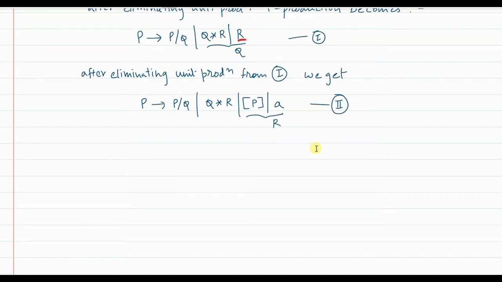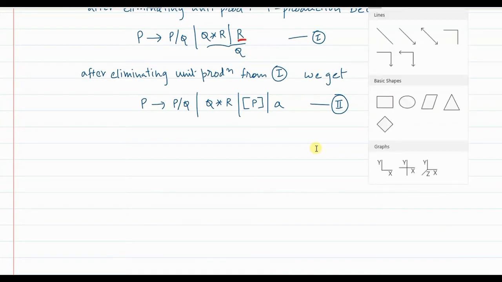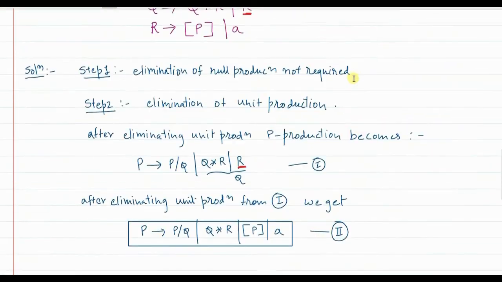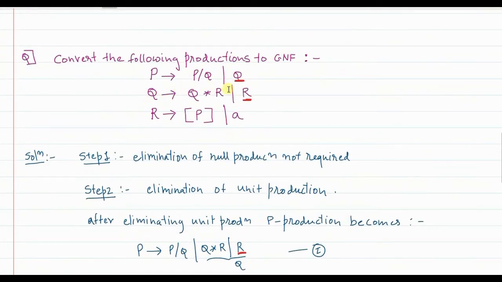Okay, so now as we can easily see, this is the final form that we get after elimination of unit production. Okay, then next, again in this Q production, there is a unit production.